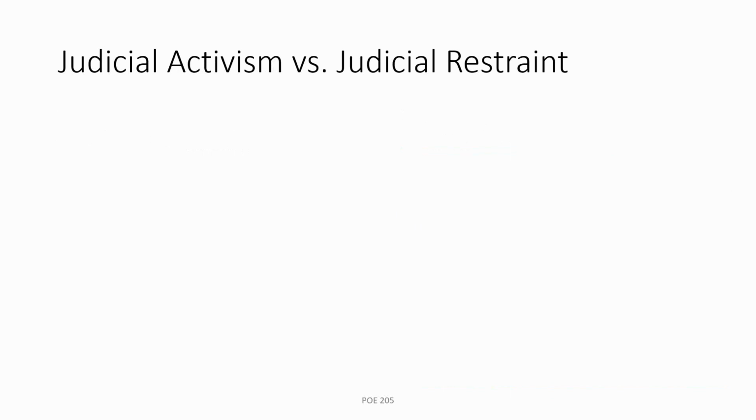So welcome back. So one thing that you might have heard of, especially in the American context, is they talk a lot about judicial activism versus judicial restraint. So what exactly do those terms mean? Does this exist even in Canada?